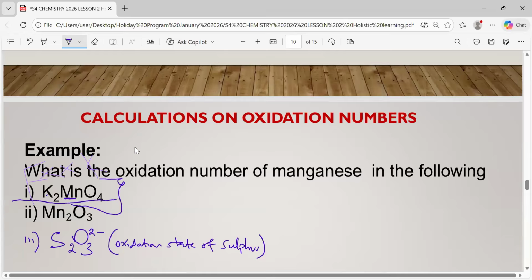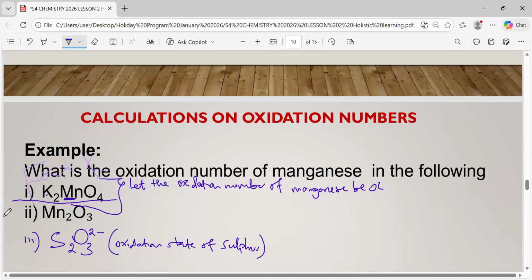Since we don't know the one for manganese, we can say, let the oxidation number of manganese be X. Are we there?